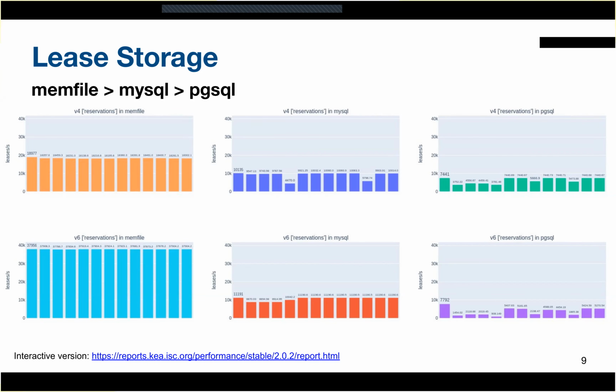But overall, for lease storage, the general guiding principle is that memfile is faster than MySQL, which is faster than Postgres. This might be a good time to point out that we are software engineers.